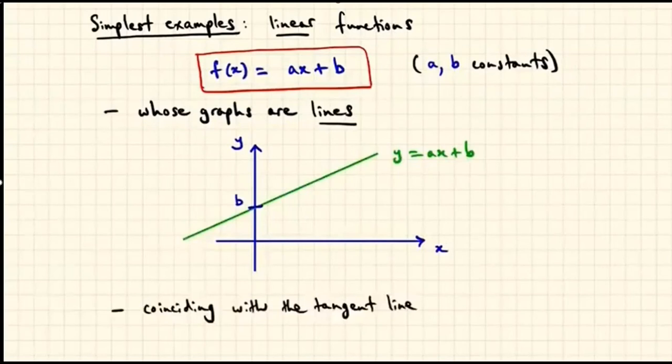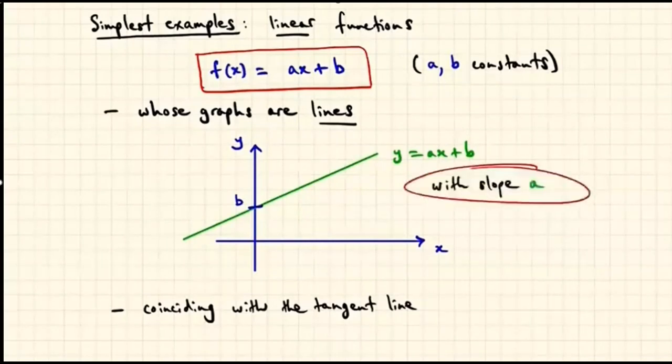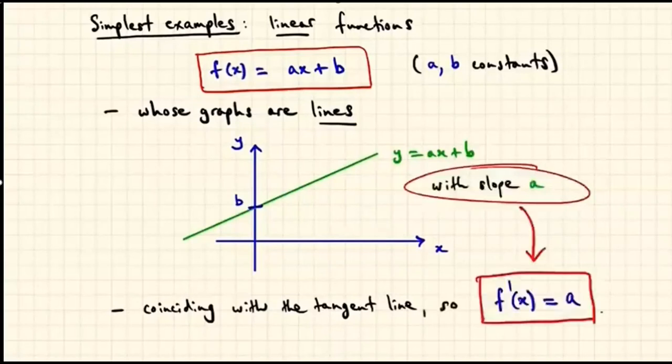And the approximation is so good, they match perfectly. In other words, a straight line coincides with its tangent line at every point and has slope a, so that the derivative must be just a. You can check for yourself that this follows quickly from the limit definition.